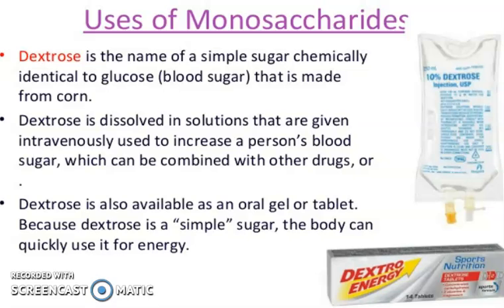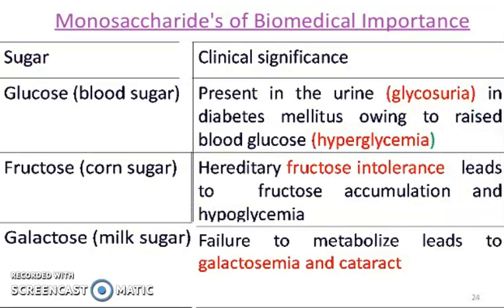Dextrose is dissolved in solutions that are given intravenously, used to increase a person's blood sugar, which can be combined with other drugs. Dextrose is also available as an oral gel or tablet. Because dextrose is a simple sugar, the body can quickly use it for energy. You can see dextro energy.